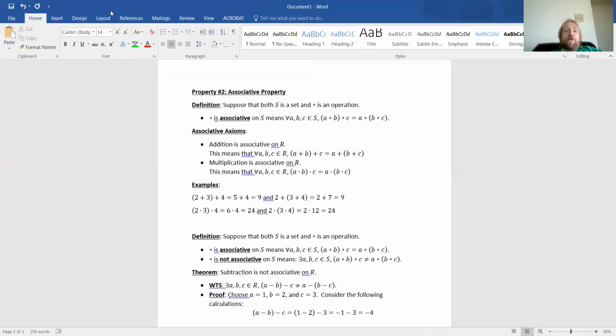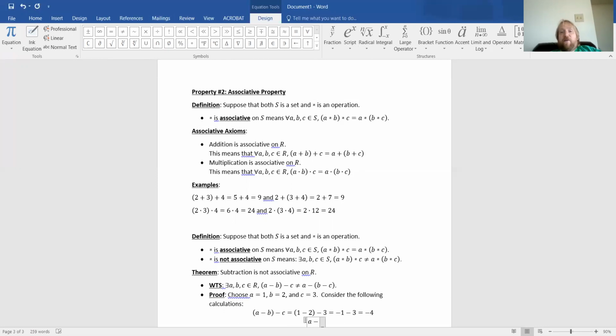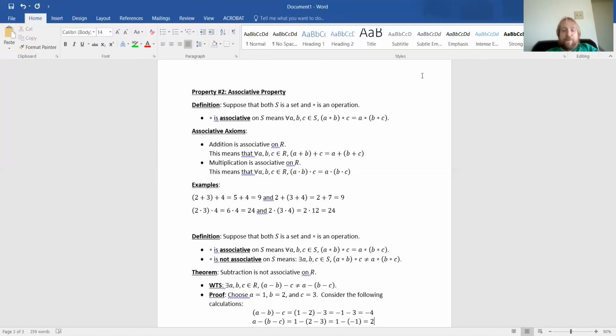But if we go the other way around, a minus the quantity b minus c in parenthesis is 1 minus the quantity 2 minus 3 equals 1 minus a -1, which is +2.